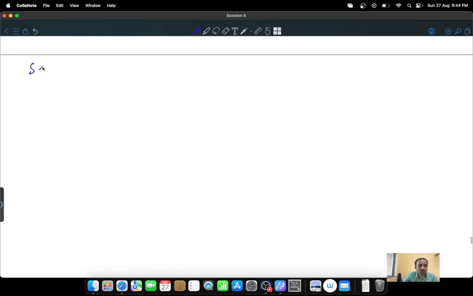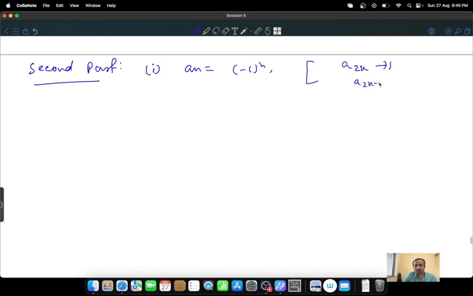The second part will not be very difficult. I am writing just 3 examples. You can check these at home. These are very easy. For the first one, A2k converges to 1, A2k plus 1 converges to minus 1, but the original sequence does not converge.